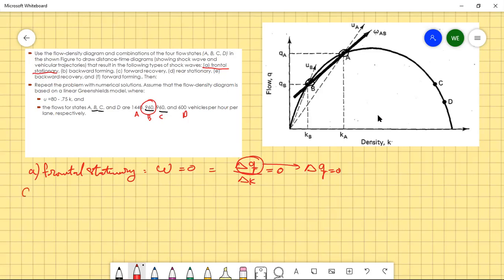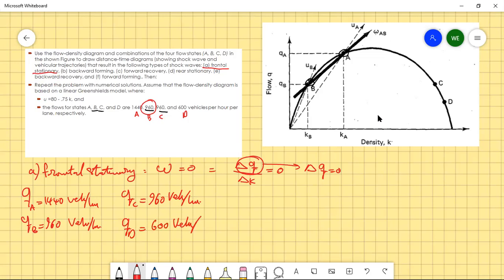Out of here we have Q A equal 1440, Q B 960, and all these are vehicles per hour, and QC equal 960 vehicles per hour, and QD equal 600 vehicles per hour. Correct? So where can we get different flow such that delta Q equal 0?